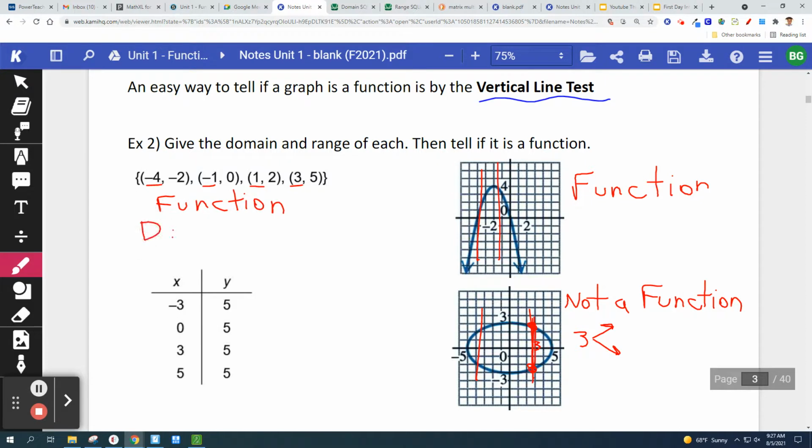Domain, I'll just put D colon. Domain is the x numbers, so we all remember that, -4, -1, 1, 3. And the range is the y numbers, excuse me, -2, 0, 2, and 5.